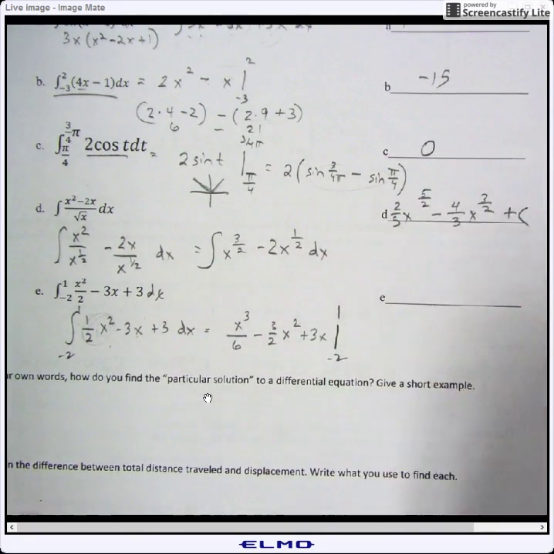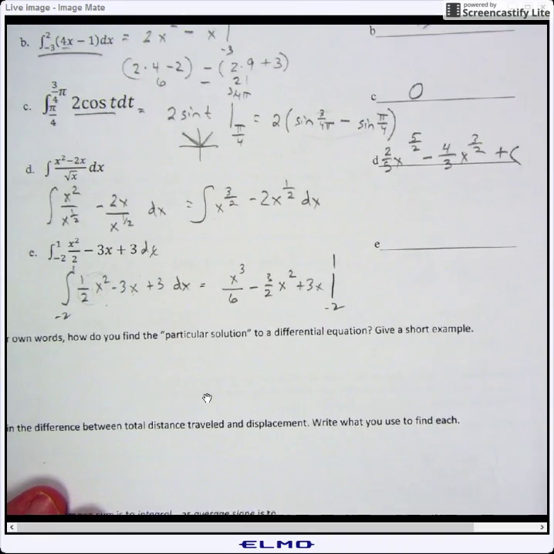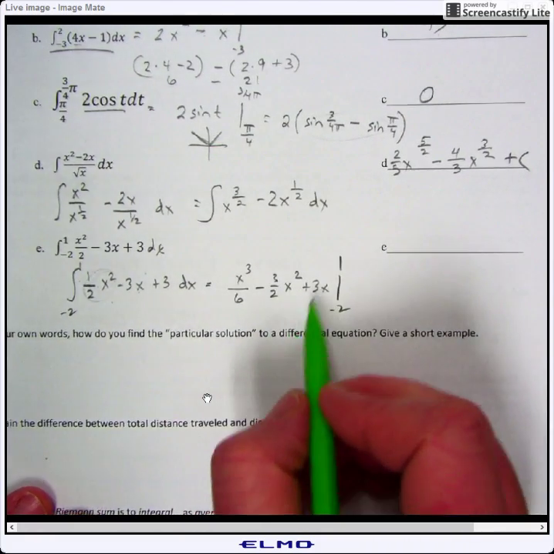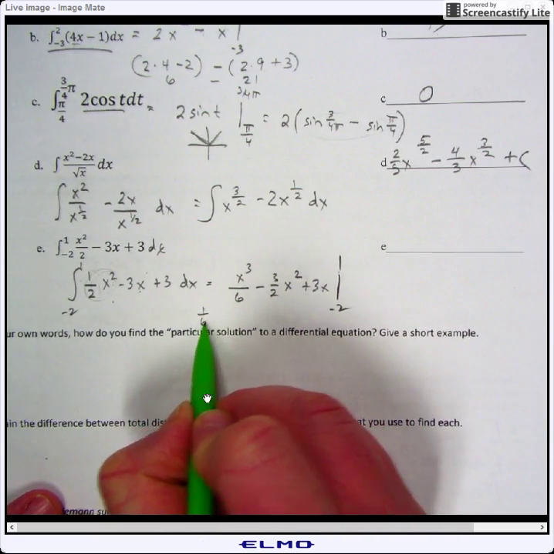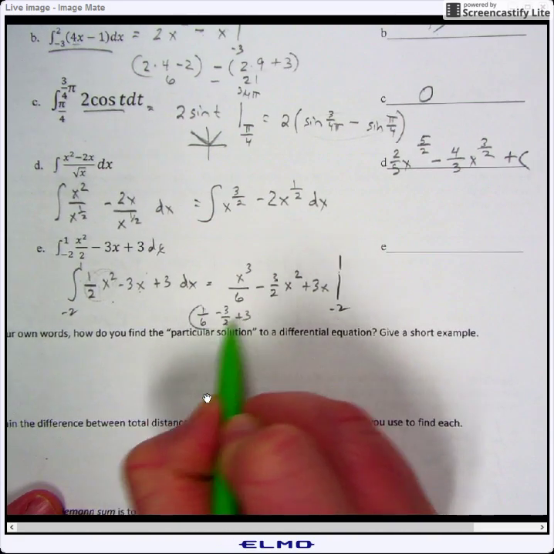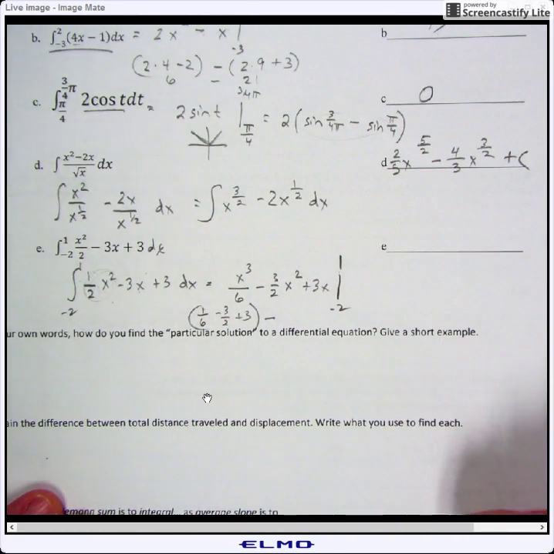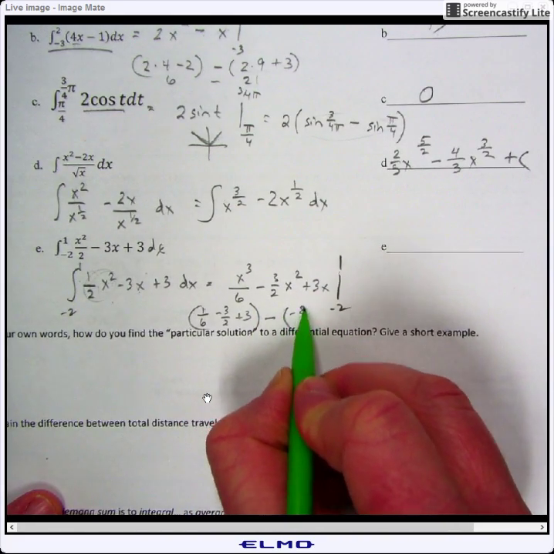From -2 to 1. If you watch this, you're plugging in 1. So I have 1/6 minus 3 halves plus 3 minus, notice how I'm keeping the quantities separate, -8/6.